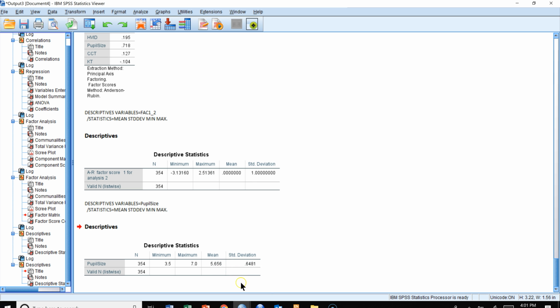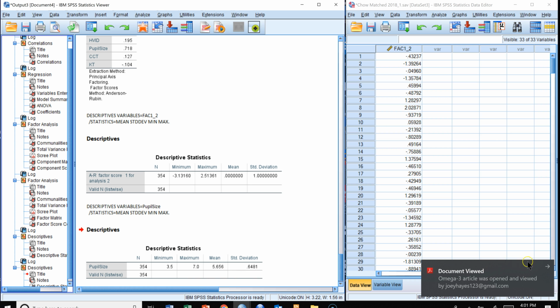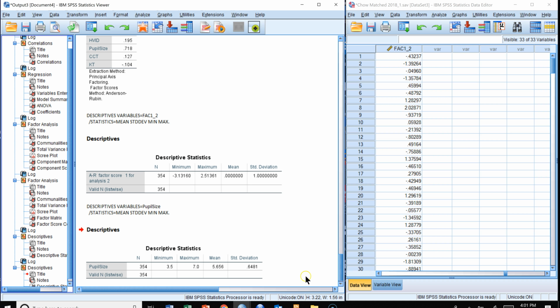So if we were to go through and multiply our factor score for each person by the standard deviation and add the mean, we would put our factor score in the context of pupil size.